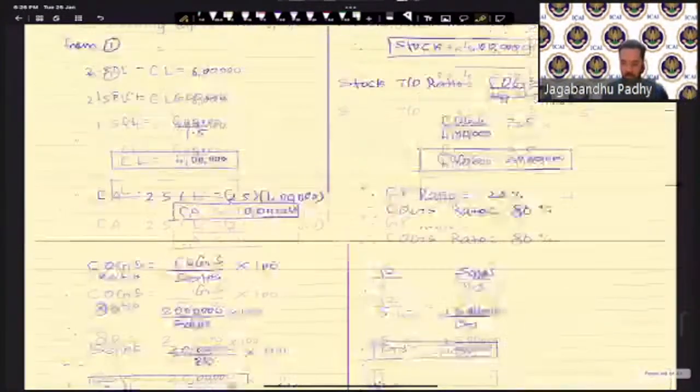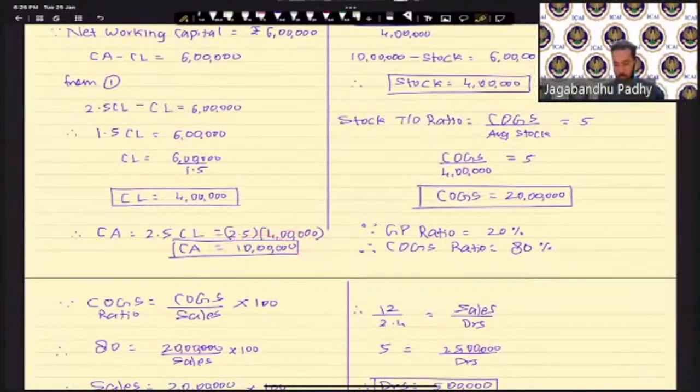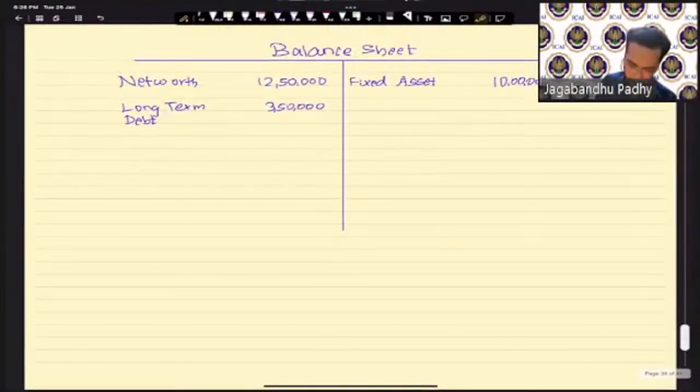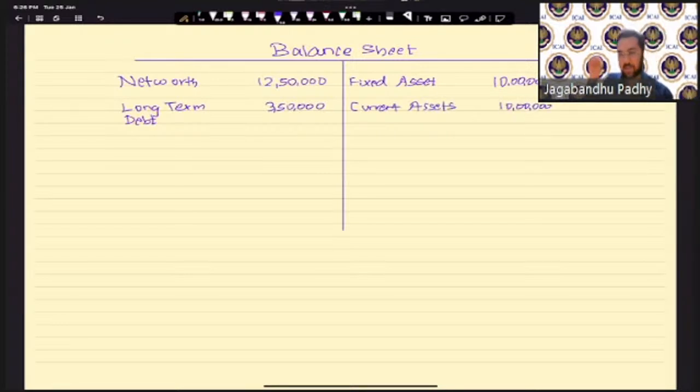We had the current asset total to be 10 lakh. So current assets were totaling to 10 lakh. And if I deep dive into what is there in the current asset, we have identified that the current asset consists of stock, debtors.